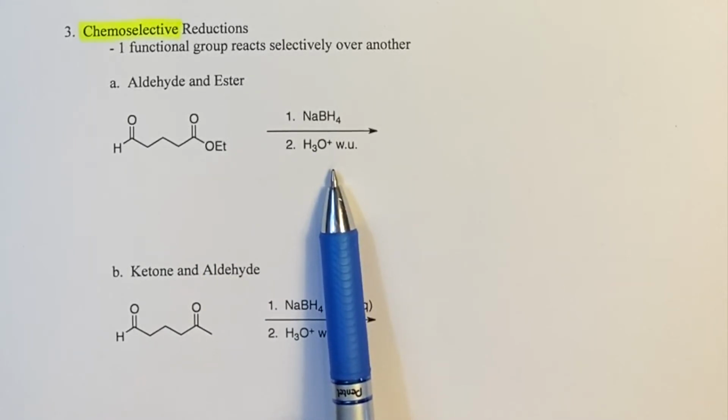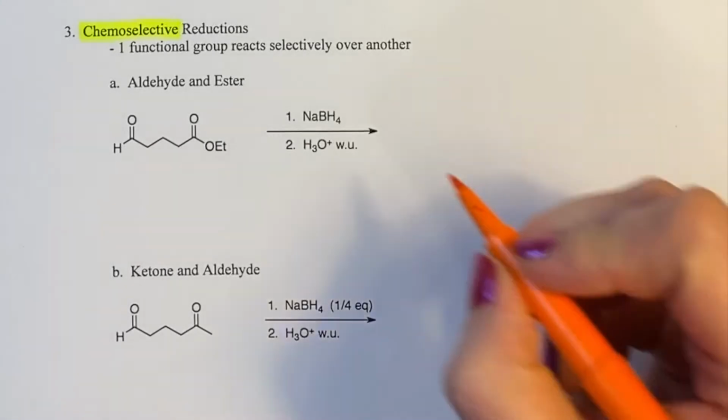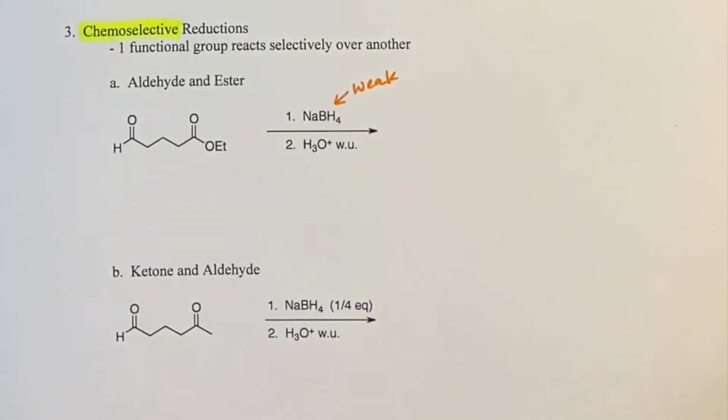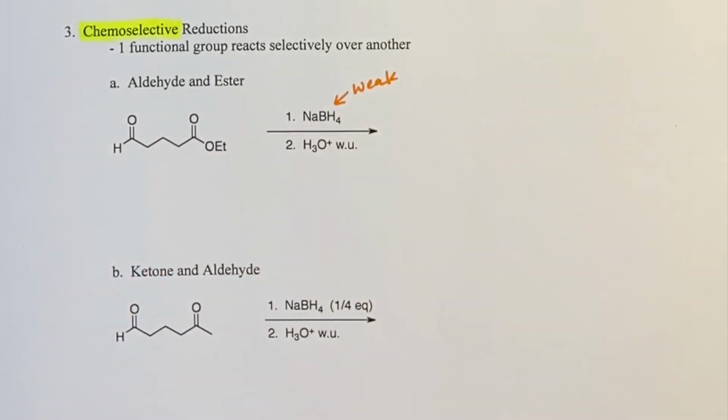And there's a couple things I want to remember as I think about this reaction. One of the first things that I want to remember is that sodium borohydride was one of my weak reducing agents. That means that it only reacted with the most reactive of my carbonyls. When it comes to my carbonyls, I have an aldehyde and I have an ester.